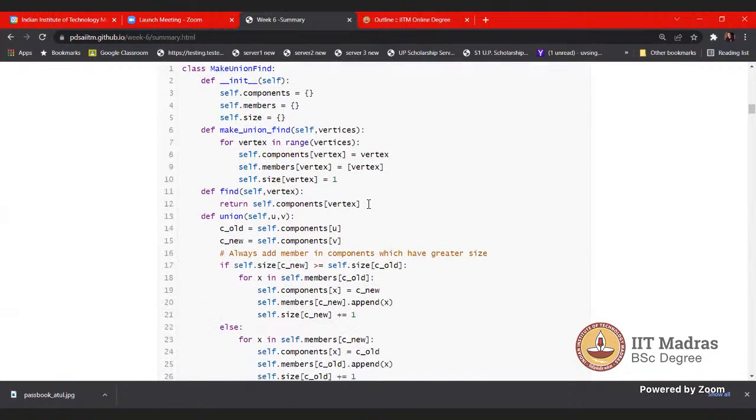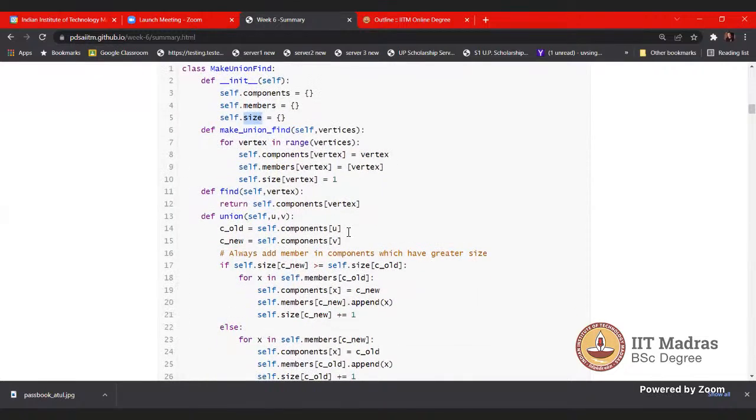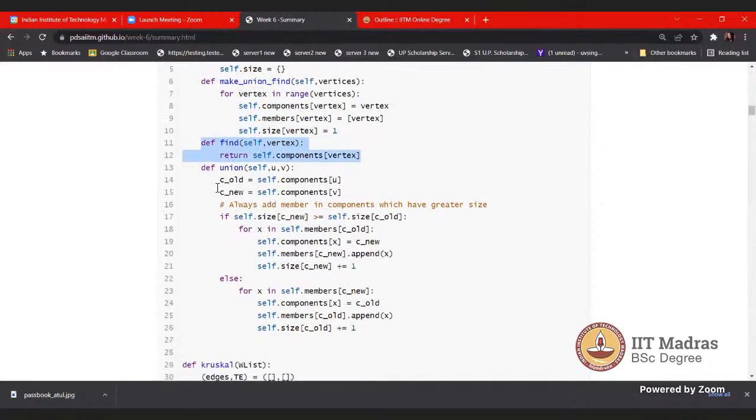Here we keep the information for every vertex in our dictionary of components. This contains the parent node of any connected component, this represents the members of the component, and this represents the size. Using this information, there are 2 functions where we create union and find. This is the initial function, and these are the 2 operations we actually use in our classical algorithm: find and union.